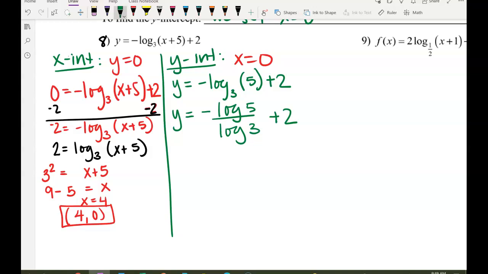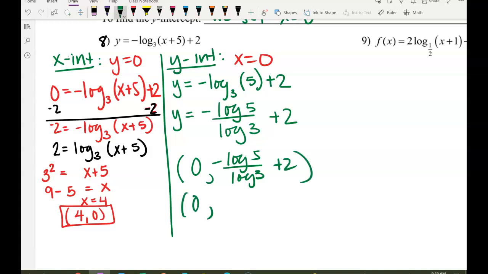Now go ahead and punch it in your calculator. Practice using your calculator, okay? We'll have it as exact form and a non-exact form. About 0.535.